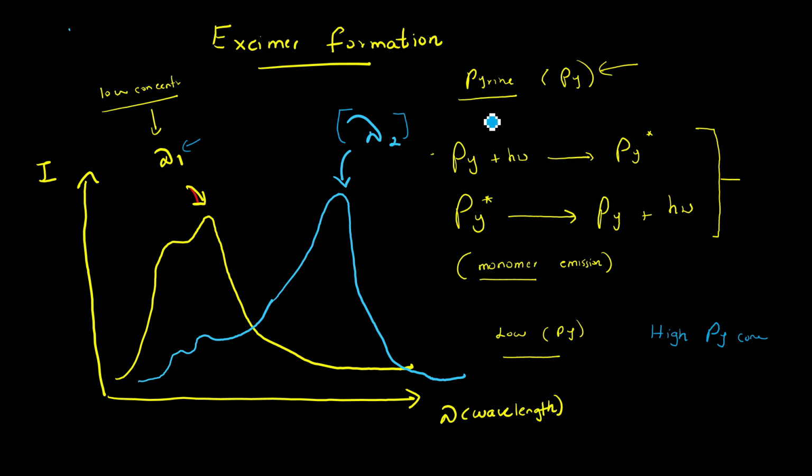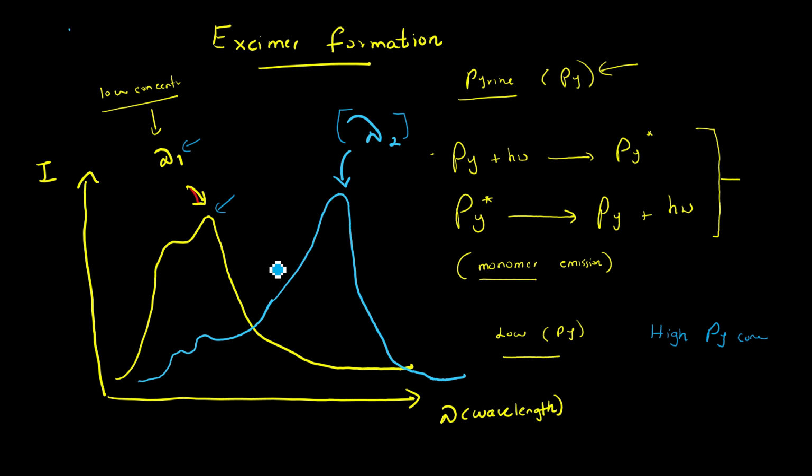But when you increase the pyrene concentration, you will see only the blue color. This yellow colored peak will slowly shift into lambda 2, this blue color one. When we increase the concentration, this deviation happens.